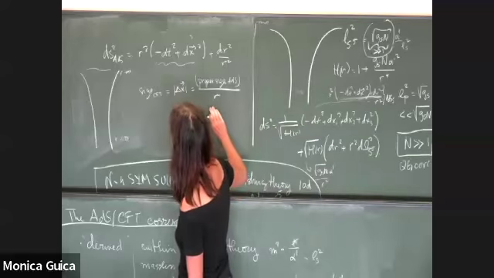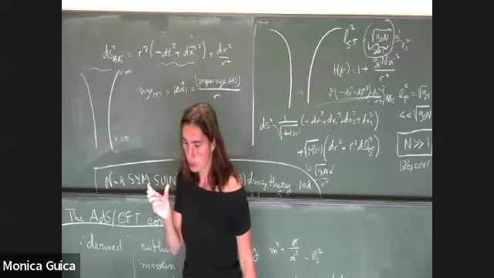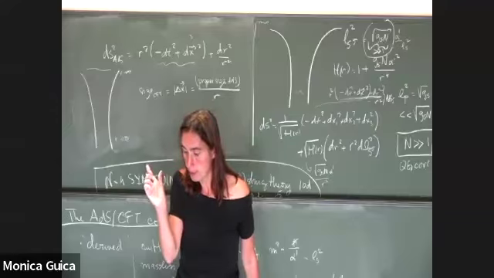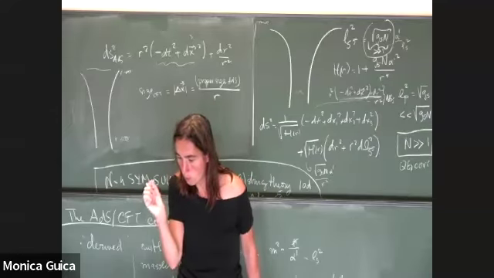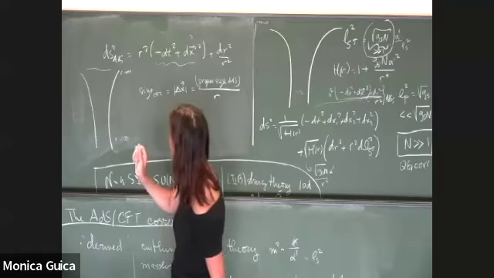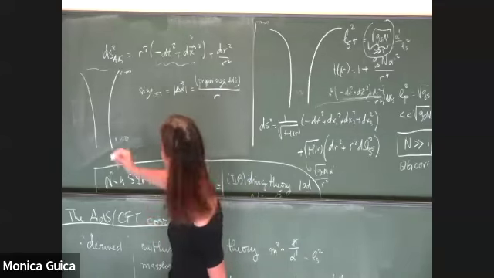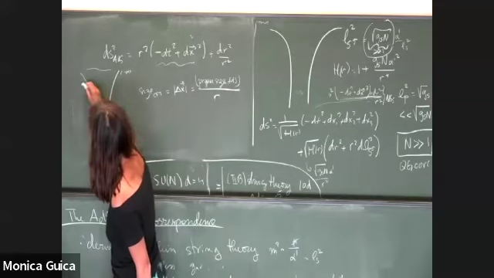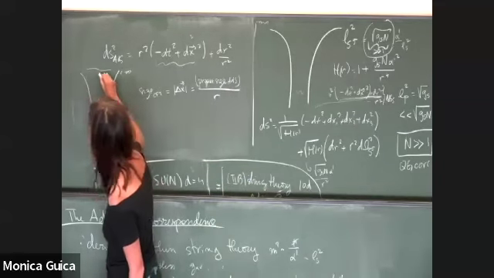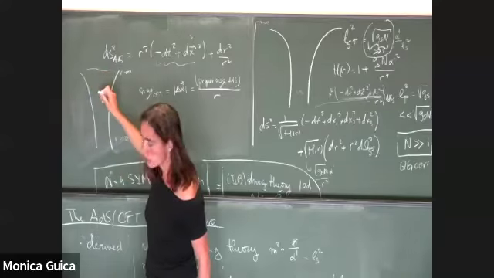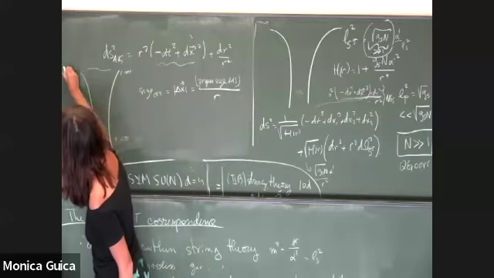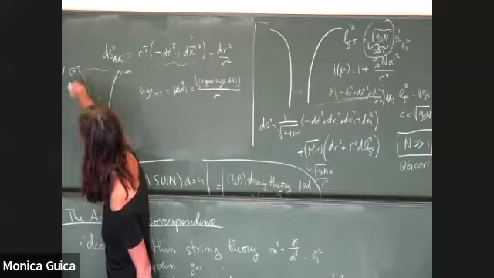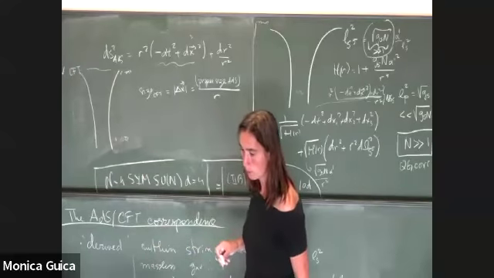So r goes to infinity actually corresponds to distances shrinking to 0 in the CFT. So it's the UV. So this is the IR of the space-time. The large distance in the space-time actually corresponds to the UV of the CFT, where sizes are going to 0.